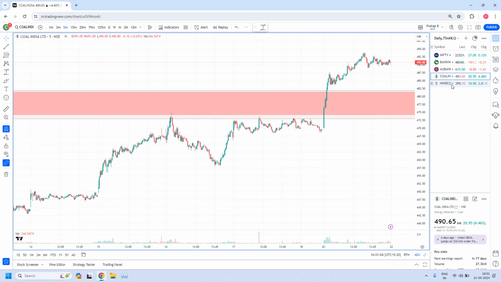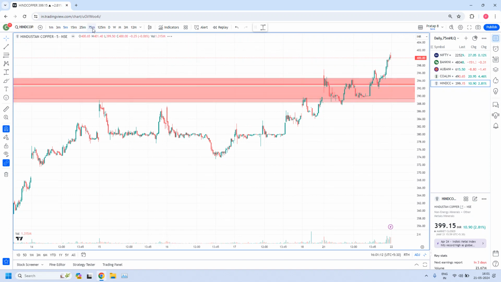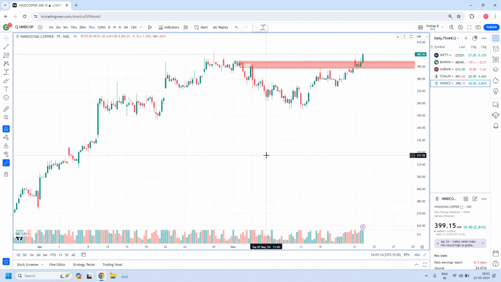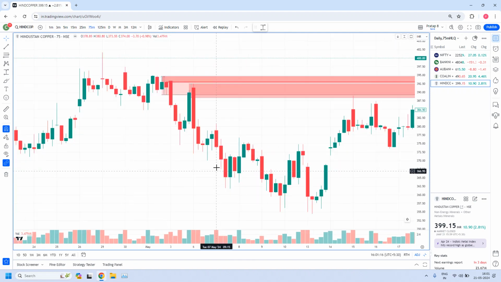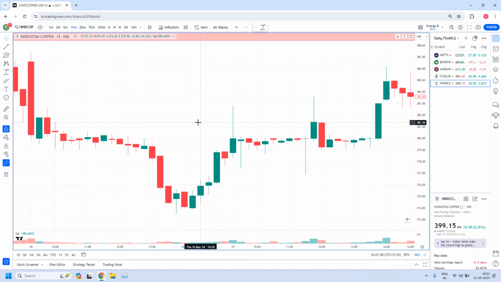Next one is Hindustan Copper. This is also a 75-minute zone. We have a drop, 2 base candles and a drop candle. And I fine-tuned this zone with the 15-minute time frame.